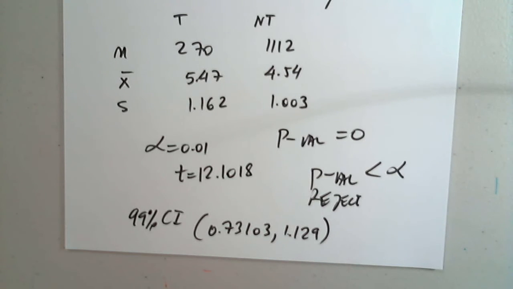Anyone else I haven't heard from, please? What do you think? It's okay if you're wrong. Wouldn't the null hypothesis be that there's no difference, and then the alternative would be that there's greater or more? Yes, exactly. So the null hypothesis, there is no difference.